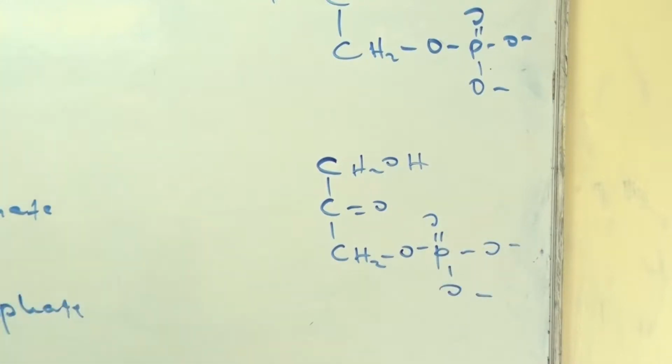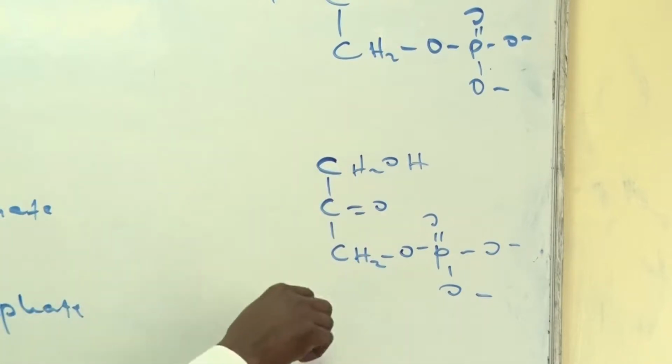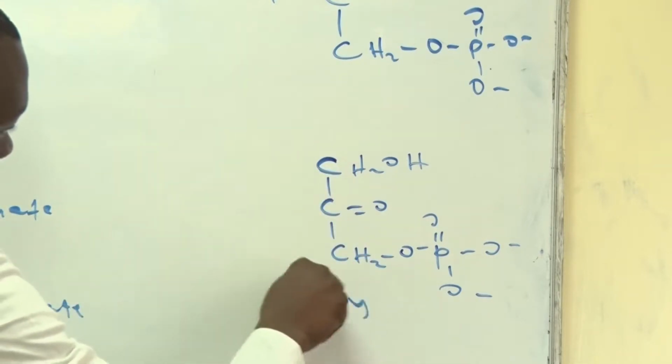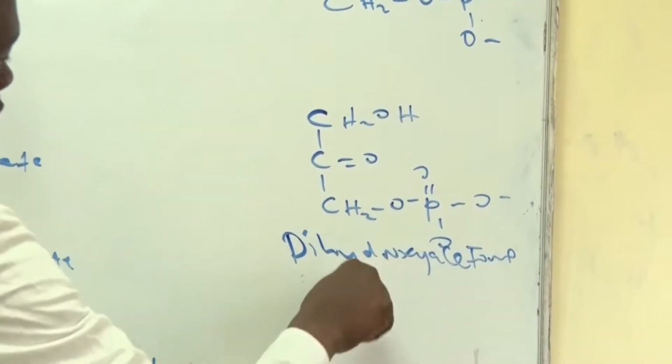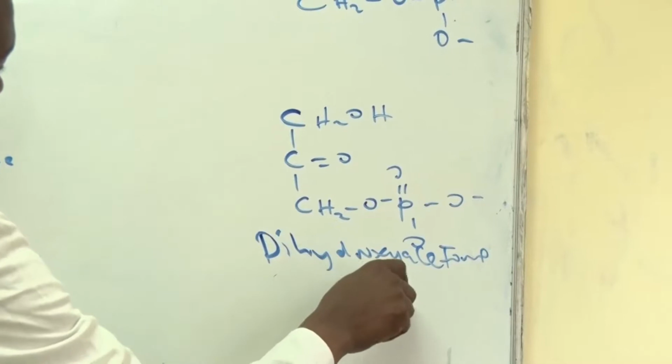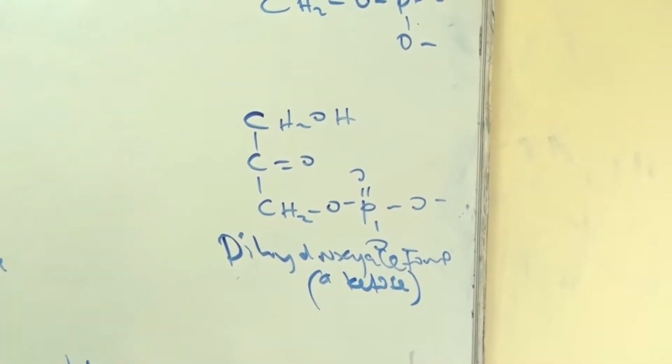So this is dihydroxyacetone. It is a 3-carbon ketose sugar.